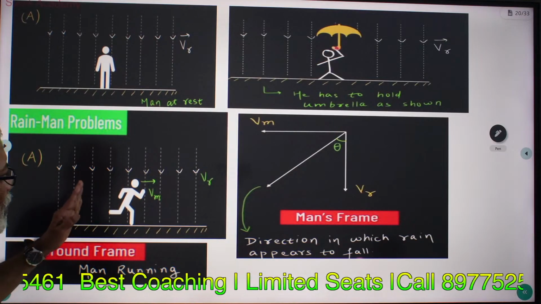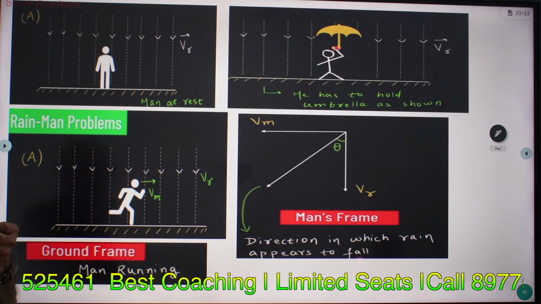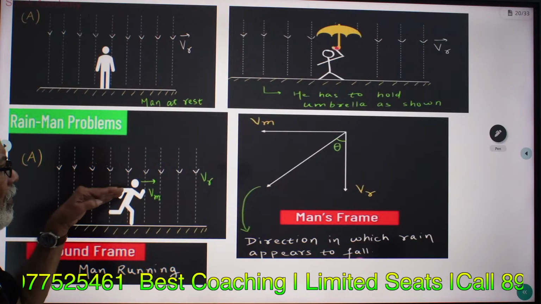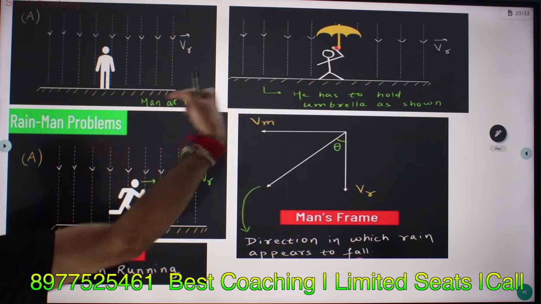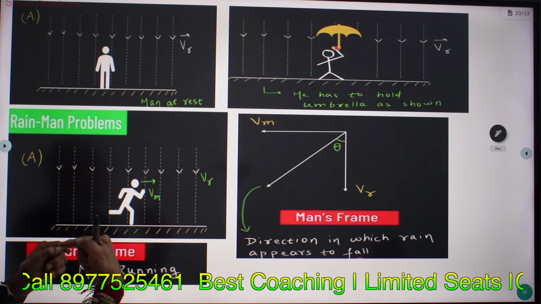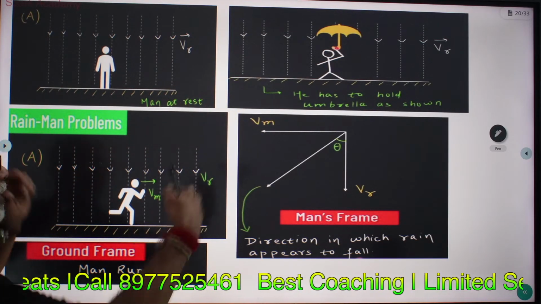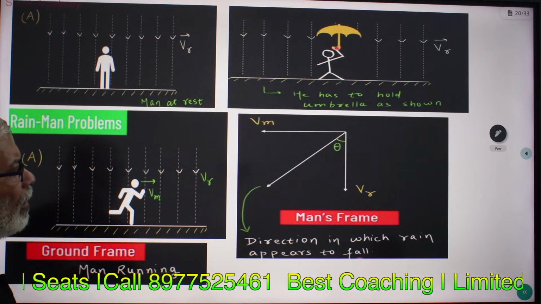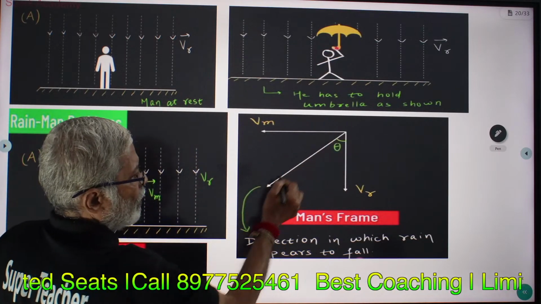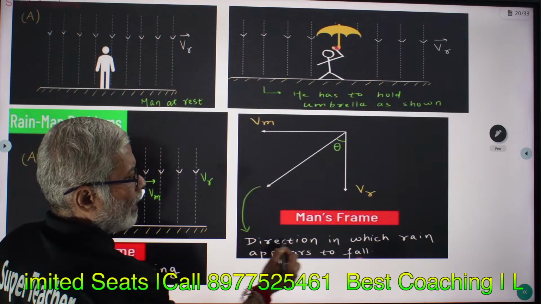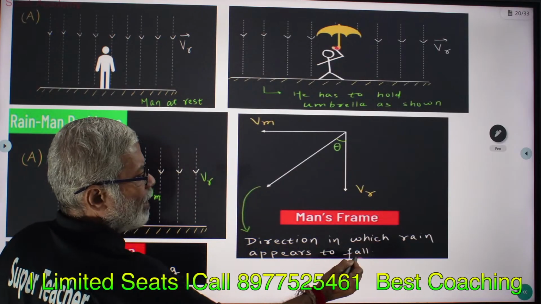Now when the man starts running, he will see the rain hitting him at some angle, not this situation. He will observe the rain hitting him at some angle. So this arrow is the direction in which rain appears to fall.